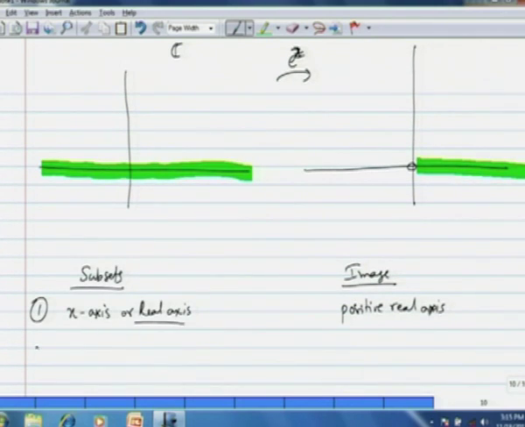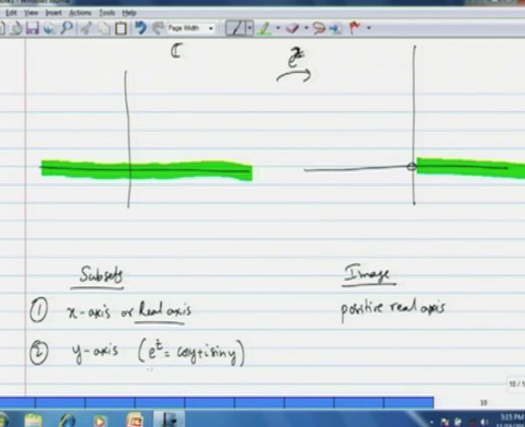So, now the second subset we will consider is the y axis. Let us examine where the y axis goes to. So, if you consider the y axis, its equation is x equals 0. So, e power z will now equal cosine y plus i sin y, because x is 0, e power x is 1.